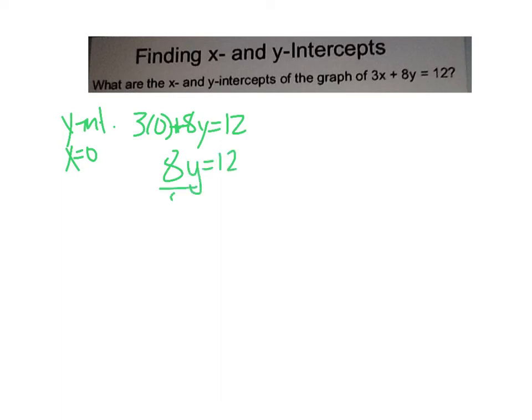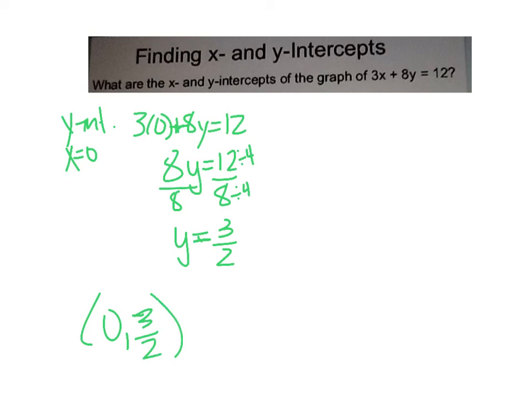It's being multiplied by 8, so I divide by 8. Now, the number 12 is not equally divisible by 8, and that's perfectly fine, but as we know, you always need to reduce or simplify your fractions. So 12 and 8 are both divisible by 4, so I'm going to do that, and that gives me 3 over 2. So my final answer here would be (0, 3/2).